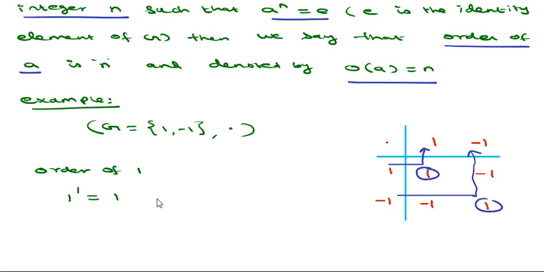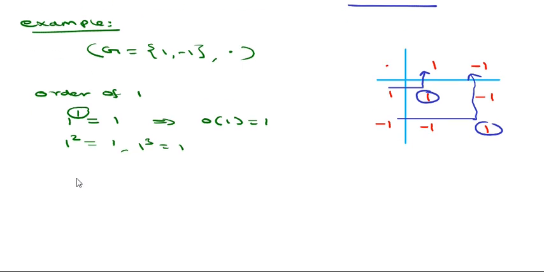Therefore order of 1 is 1. Even though it satisfies 1 power 2 equal to 1 and 1 power 3 equal to 1, this one is the least positive among the integers 1, 2, 3. Therefore we call this the order of this element.